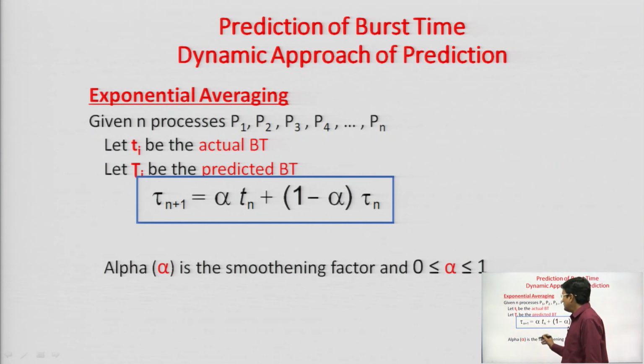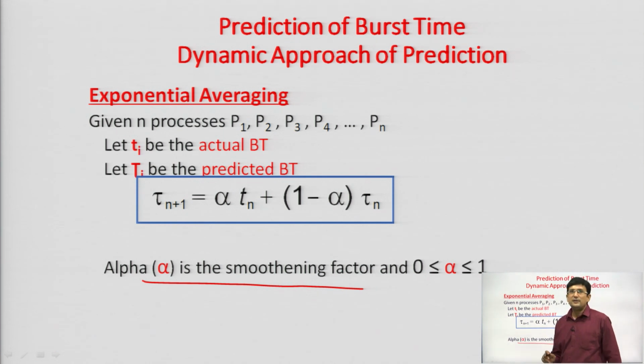Here is the formula: tau n plus 1, the predicted burst time of process number n plus 1, equals alpha T n plus 1 minus alpha tau n. Here T n is the actual burst time of the nth process and tau n is the predicted burst time of the nth process. Fine. Alpha is called the smoothing factor.